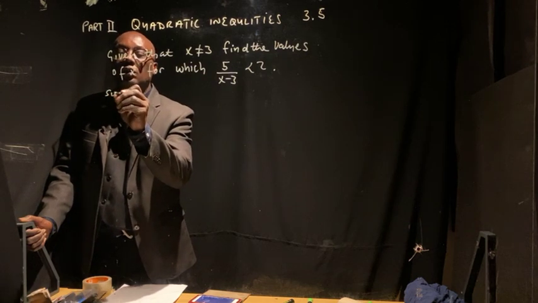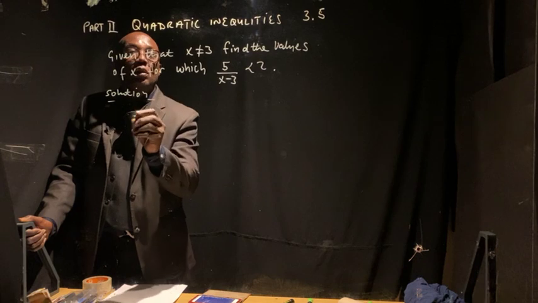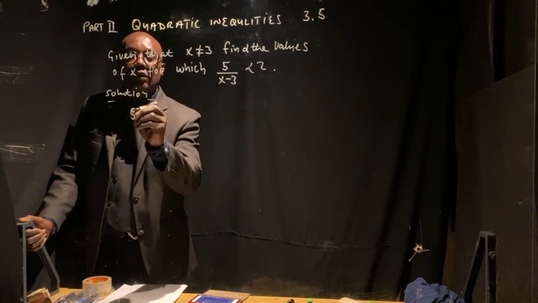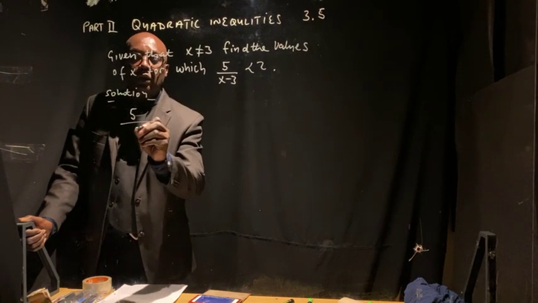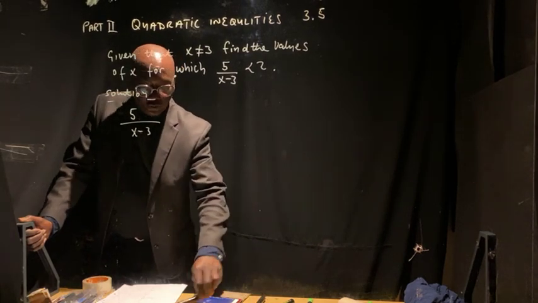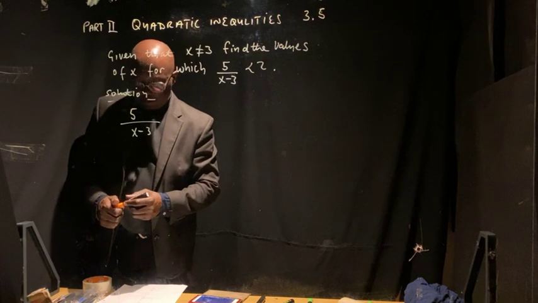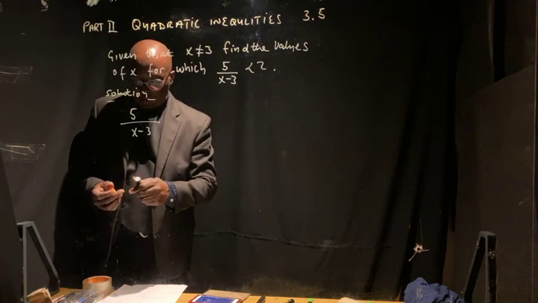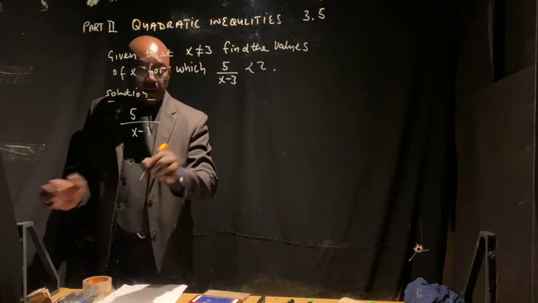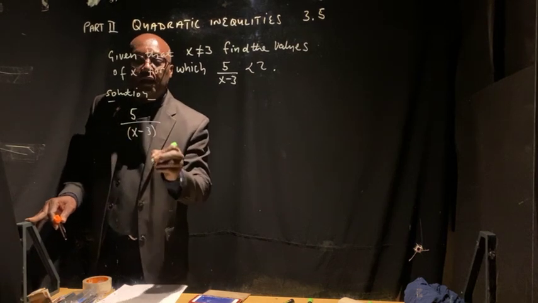Solution. Five over x minus 3. We'll apply the previous analysis that we did in the last tutorial. We can write it like this.